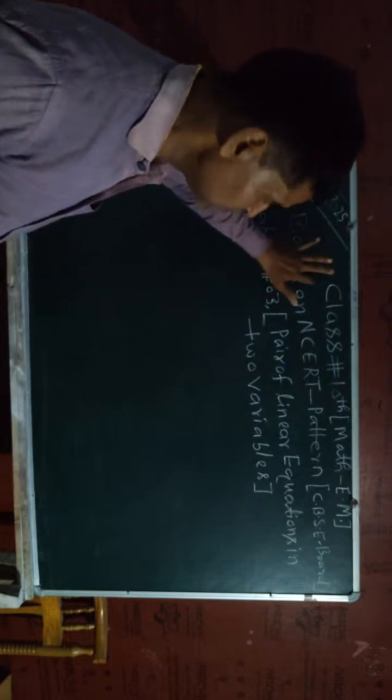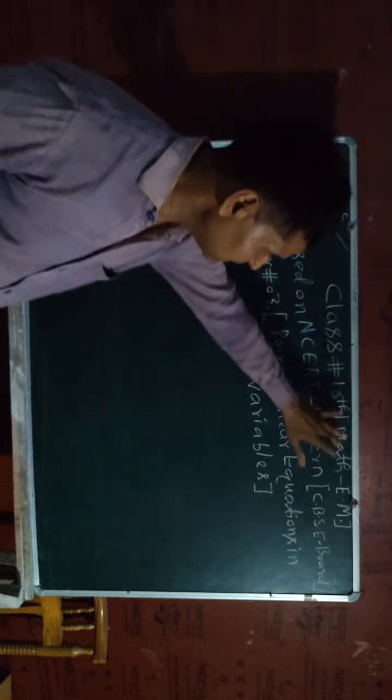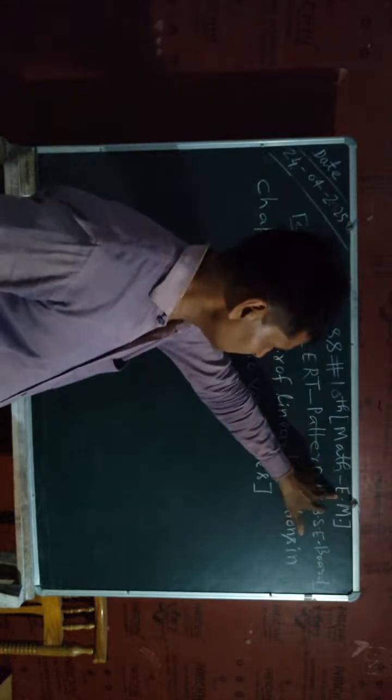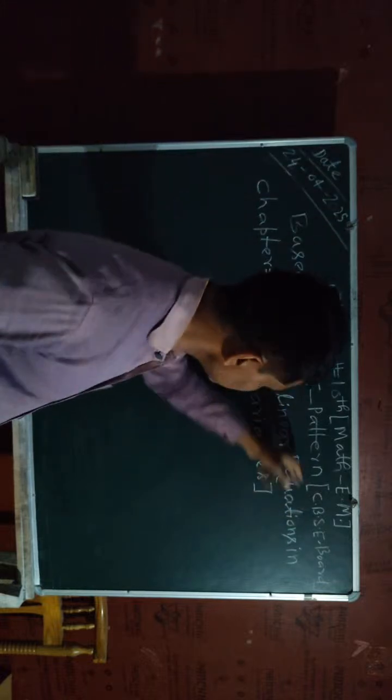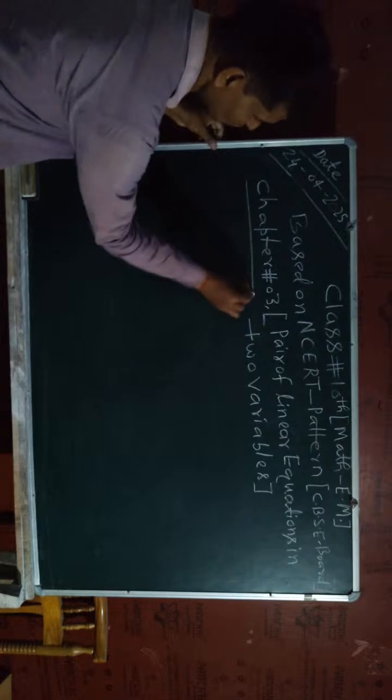This chapter is available in class 10 mathematics, in English medium. In Hindi medium it is also available. It is based on the CBSE NCERT pattern. This is chapter number 3, whose name is pair of linear equations in two variables.